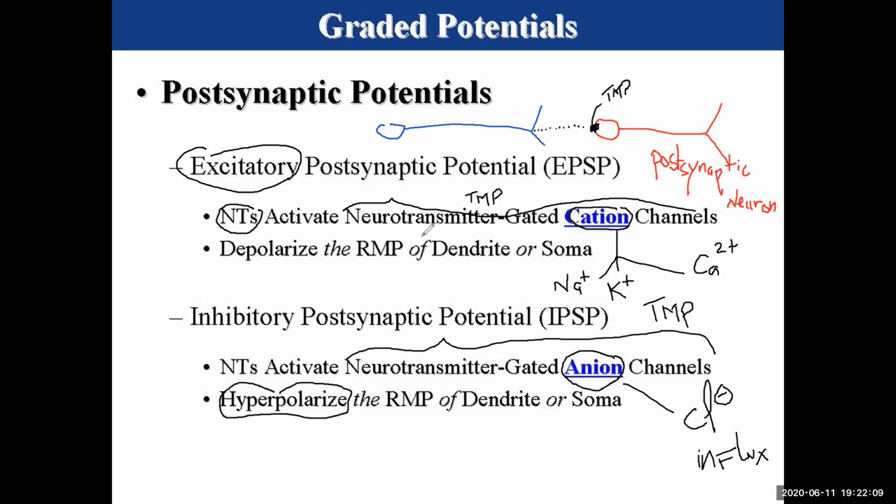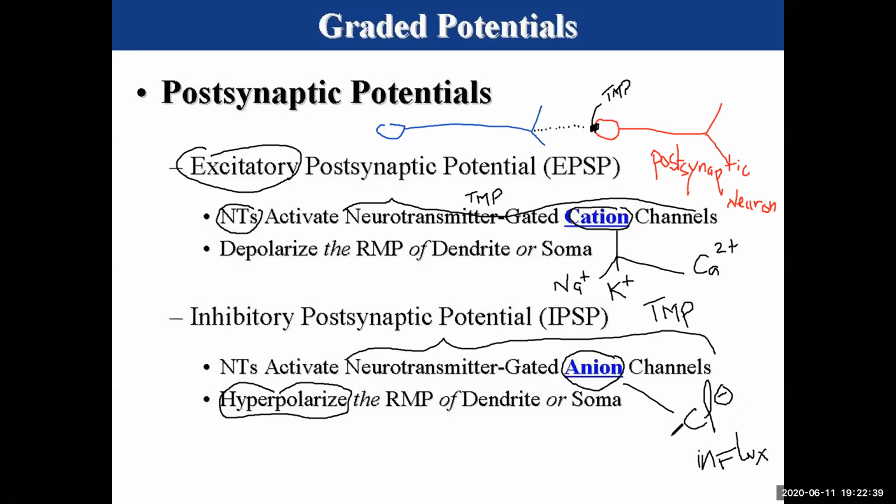So if you depolarize the membrane, you increase the chance for the axon hillock to generate an action potential. But if you hyperpolarize the membrane, then you will prevent the axon hillock from generating an action potential, because you're making the inner leaflet even more negative than it was at rest.